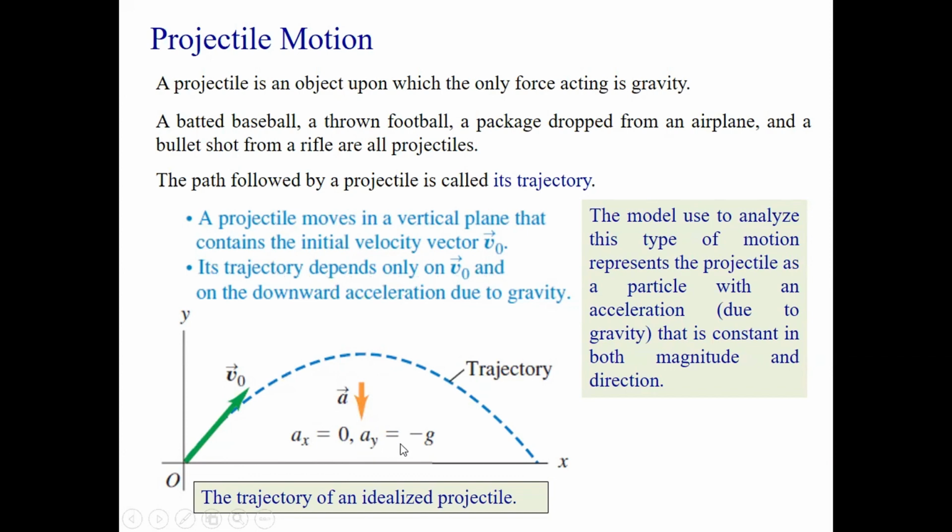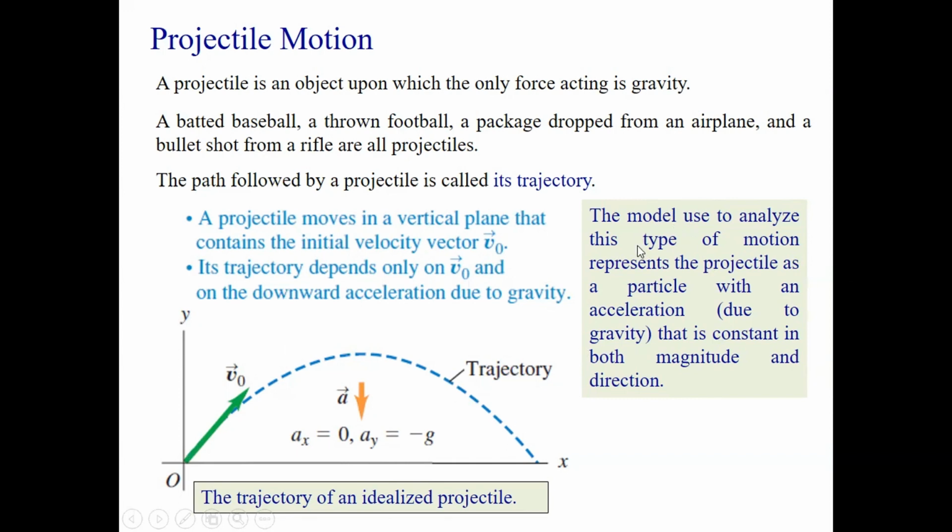However, the ay component, the acceleration due to gravity, we will treat as minus g, because it is downward compared to the positive y values. So it shows a decreasing trend in the y coordinate.